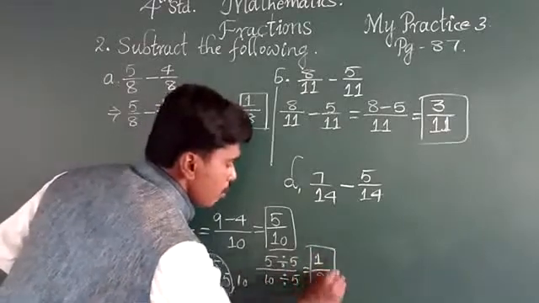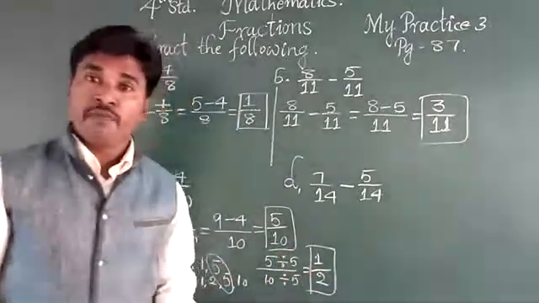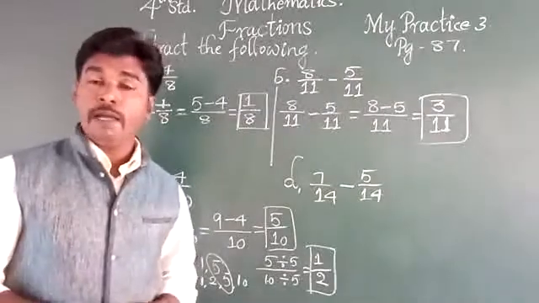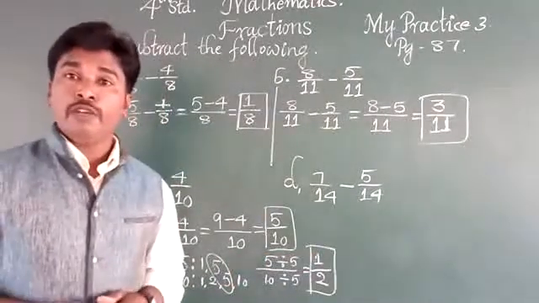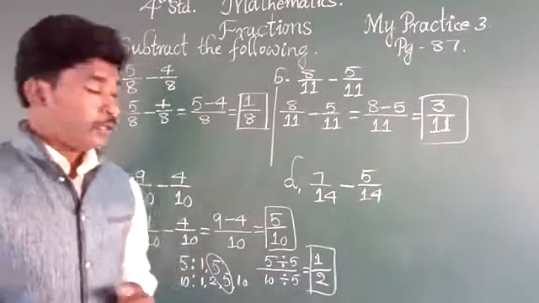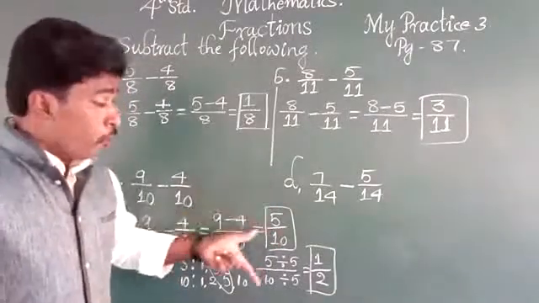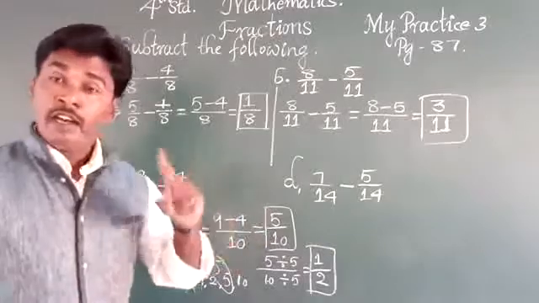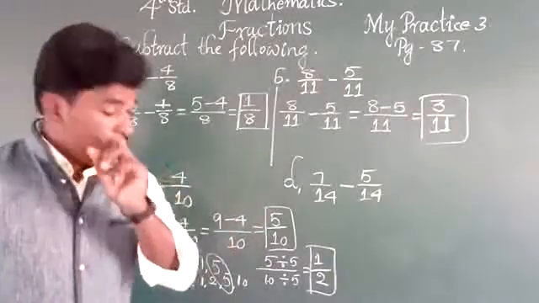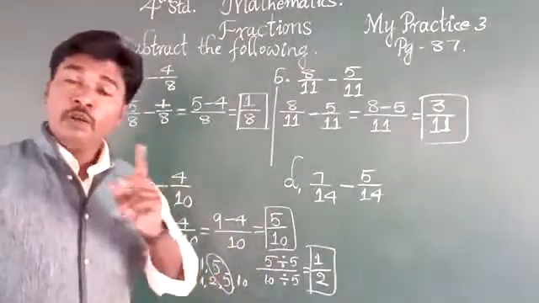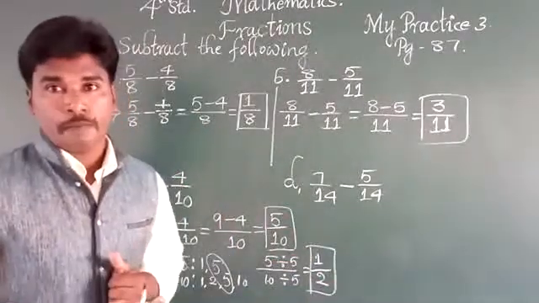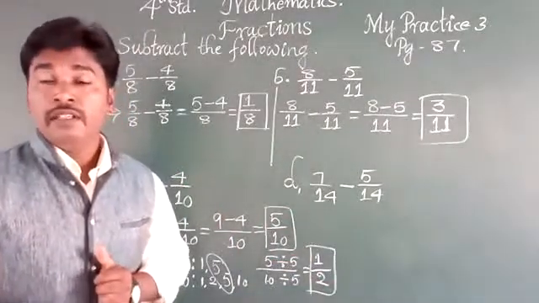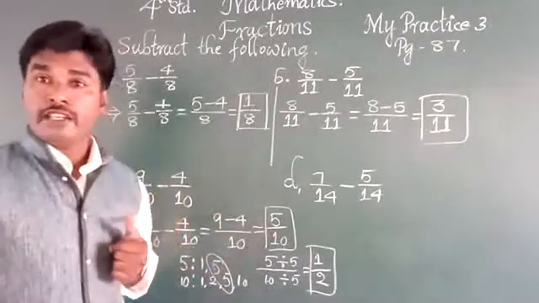So what is the answer, dear children? You got 1 by 2. 1 by 2 is not divisible by any number. The final answer is 1 by 2 only. So I hope you understood. When both numerator and denominator are divided by the same number, you write the answer in lowest term, simplest form. Then only the answer is correct.